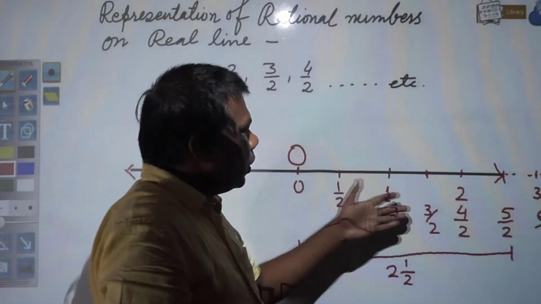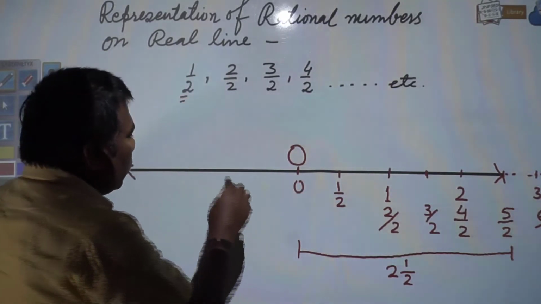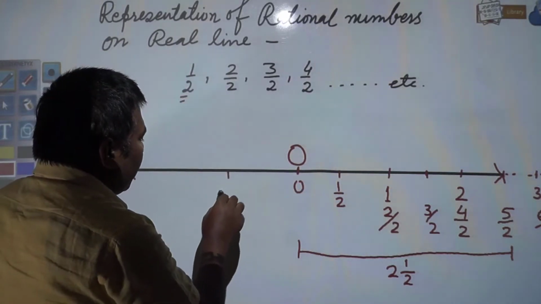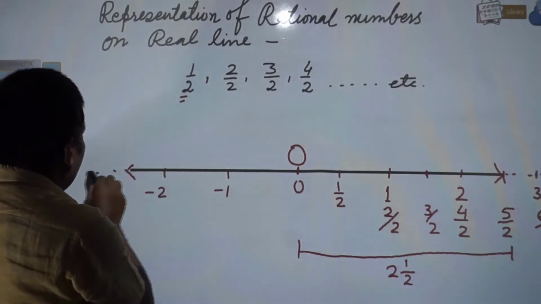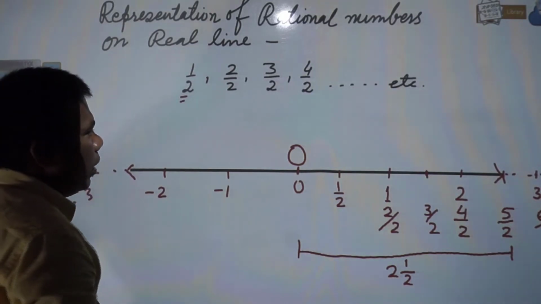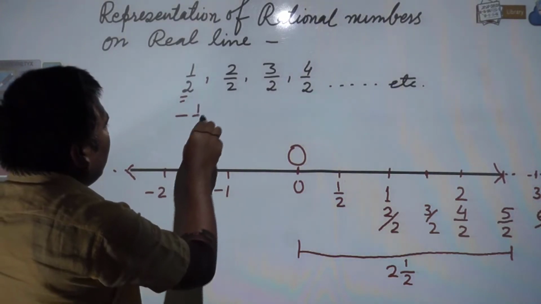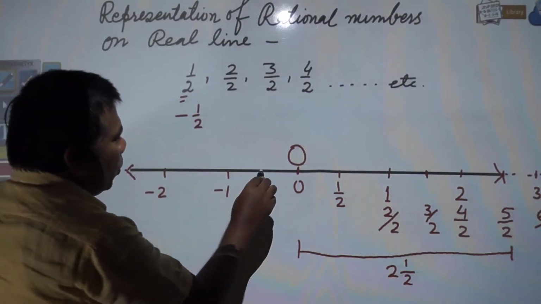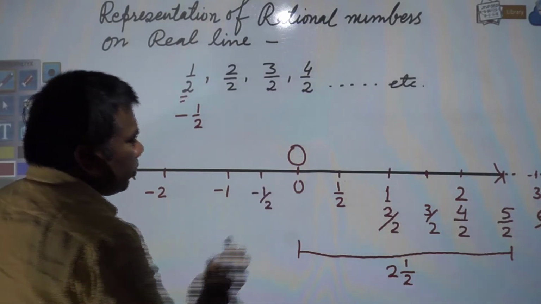The same thing you need to do for negative rational numbers also. Again the same thing will be applied, -1, -2 and -3 and so on on this side. If you want to represent -1 by 2, this will be your -1 by 2.